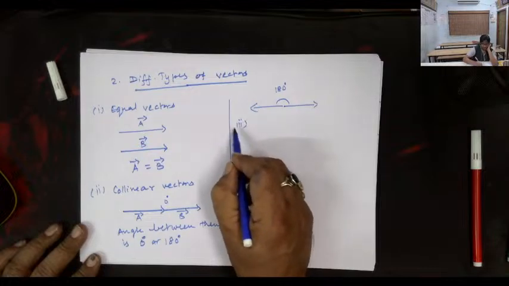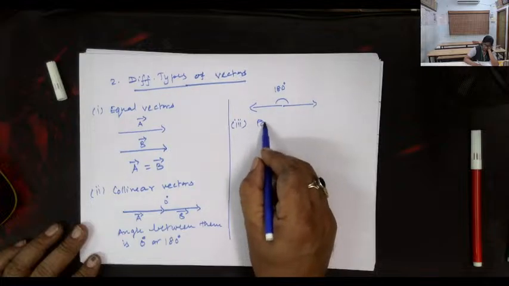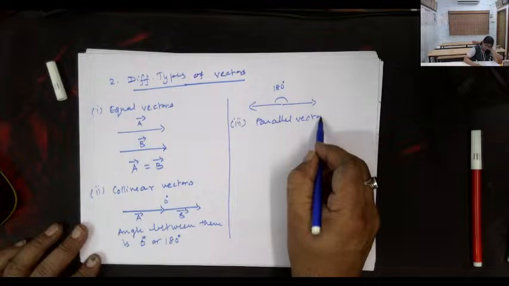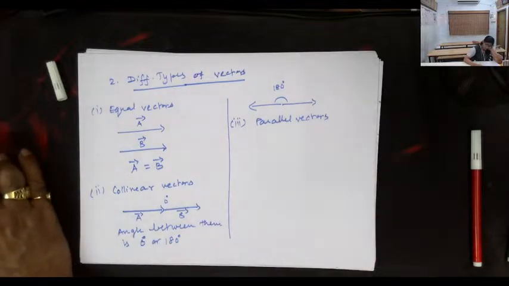Third one, parallel vectors. If two vectors are acting in the same direction, along the same line or on parallel lines, the angle between them is 0.